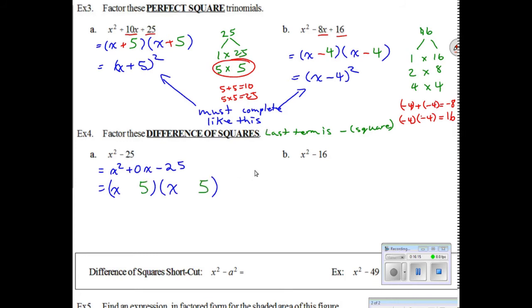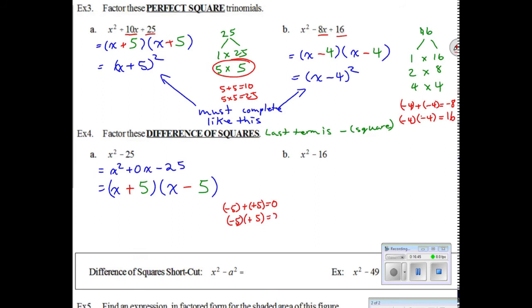And I'm going to tell you right away that the answer is the square root of the last number for both of these, right? And here's the proof. Negative 5 plus 5 gives 0, right? But then negative 5 times positive 5 is going to give us negative 25, isn't it?